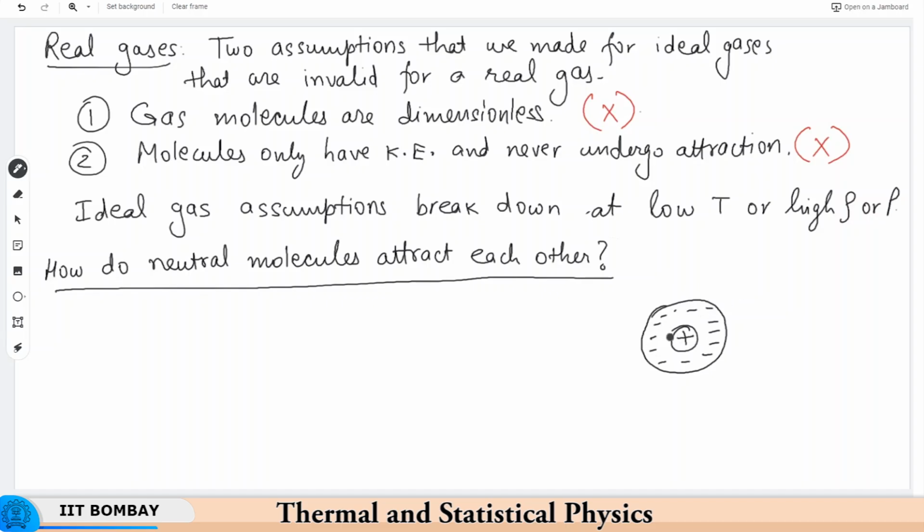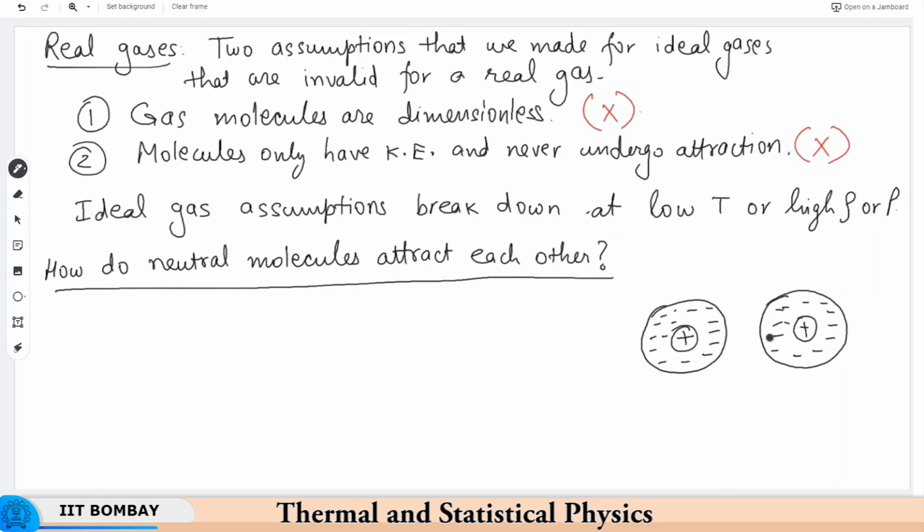surrounding this nucleus, and very close to it there is another molecule, which again has a positive charge and a negative charge. When these molecules are very far from each other, the center point of this distribution of positive and negative charge overlaps, so these molecules are basically symmetric in terms of the charge distribution.